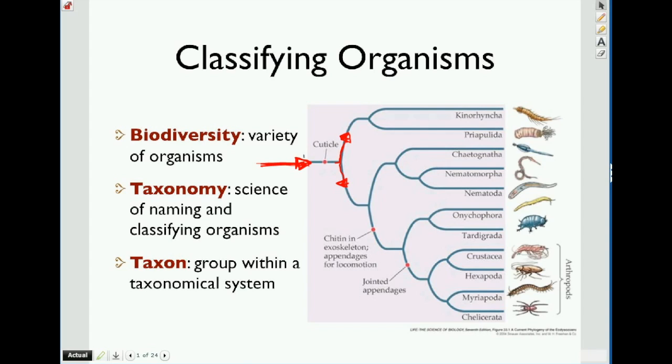Okay, and then we're coming here, and the group splits again, and there's probably some trait that's not listed that they develop there. And then this is where they develop chitin in their exoskeleton, and then appendages for moving around, locomotion. Okay, so everyone past here has all those traits.